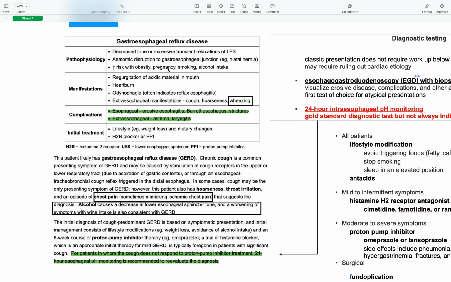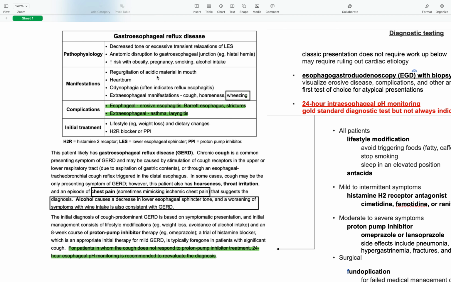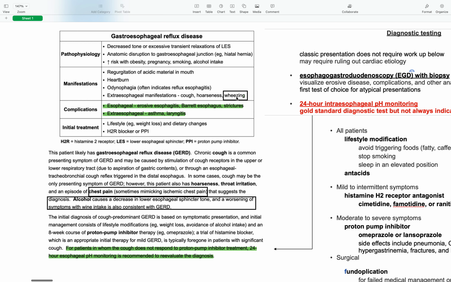So, how do patients with GERD present? The classic symptoms are regurgitation of acidic material in the mouth, heartburn, odynophagia, which may reflect reflux esophagitis, and extraesophageal manifestations such as cough, hoarseness, and wheezing.